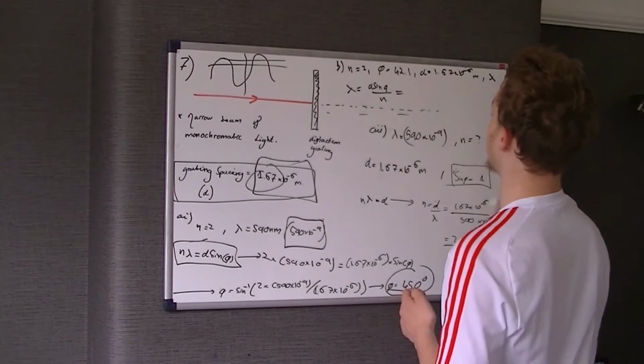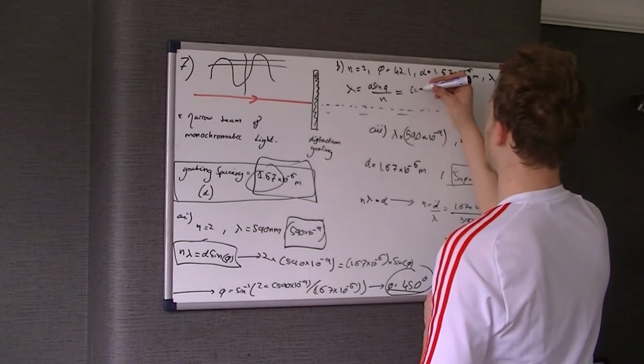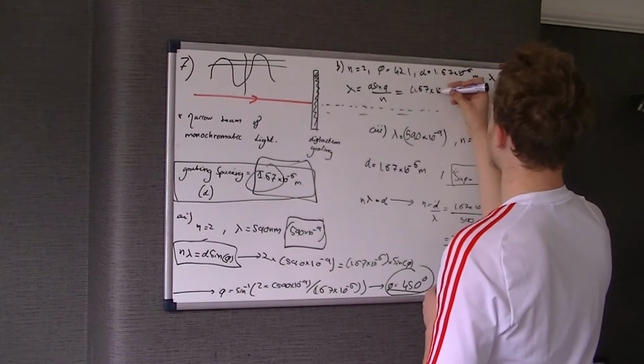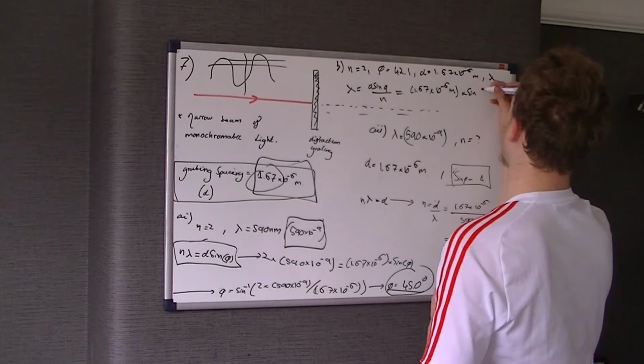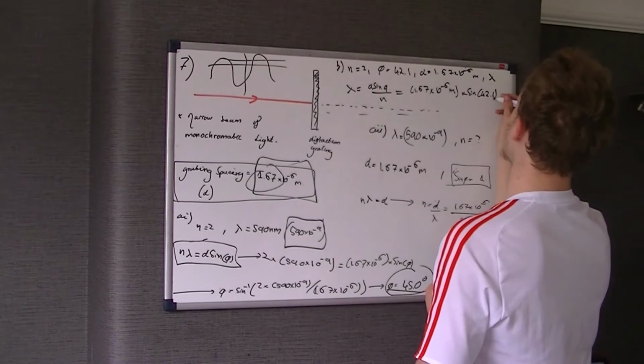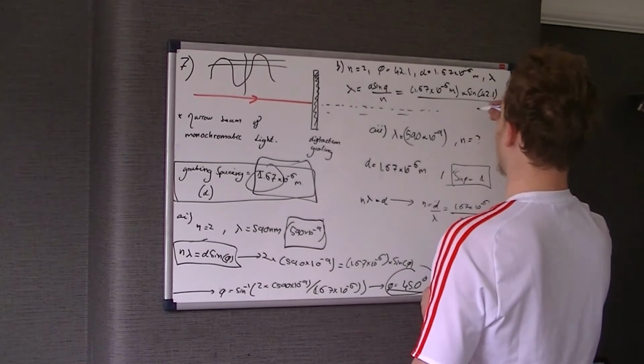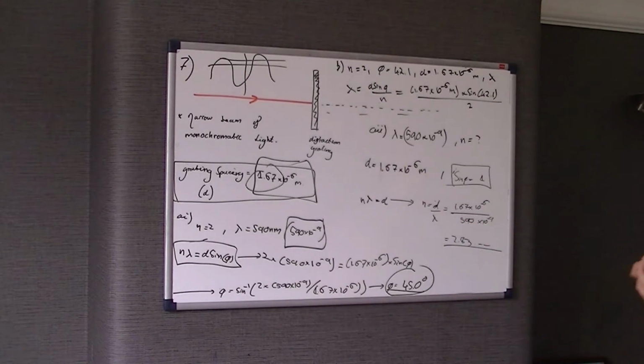So d is 1.67 times 10 to the minus 6 meters times the sine of 42.1 degrees, and that's all over n, which is 2. So just putting the numbers into your calculator.